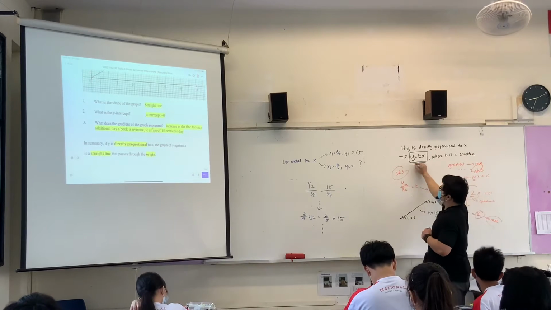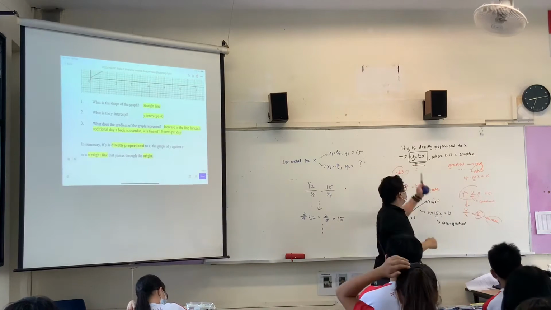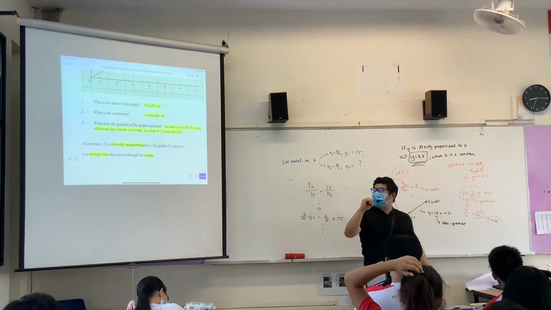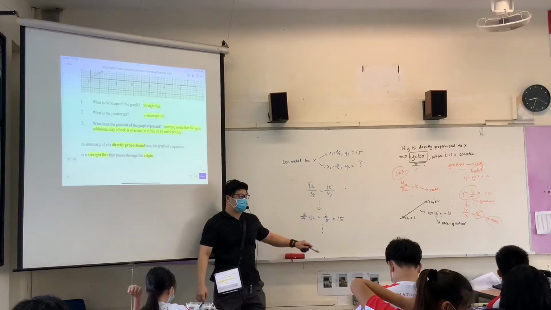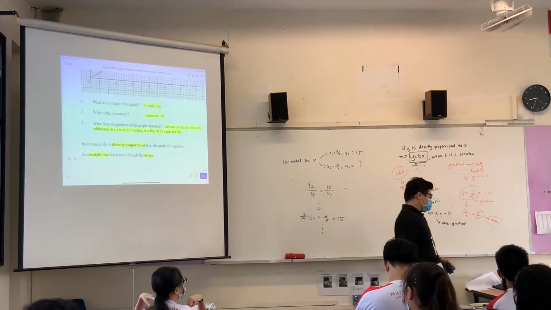And this is also one thing that we can assume: y equals kx plus 0, because it passes through the origin. There is no y-intercept.